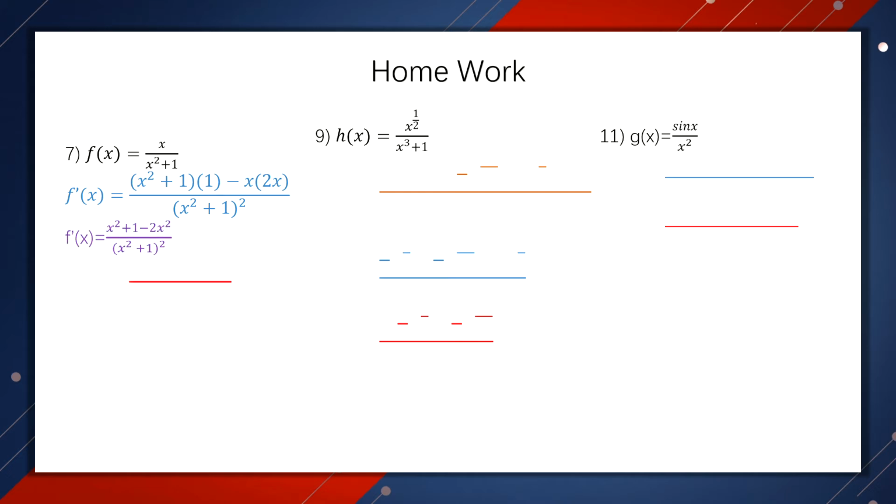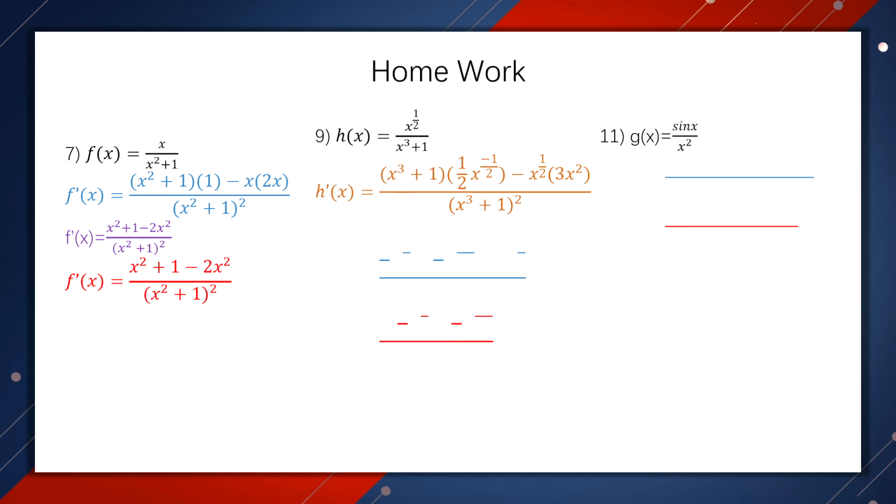So the next step is simplify it. So it becomes x squared plus 1 minus 2x squared over x squared plus 1 square. So this is our final answer.